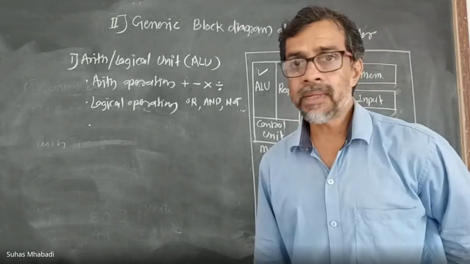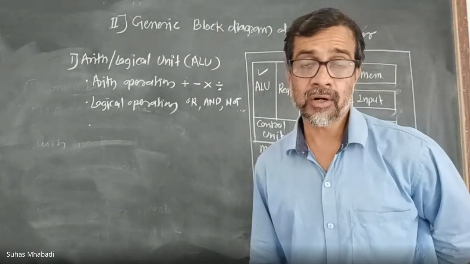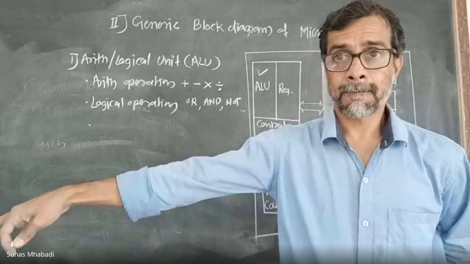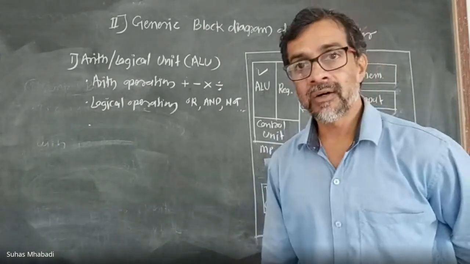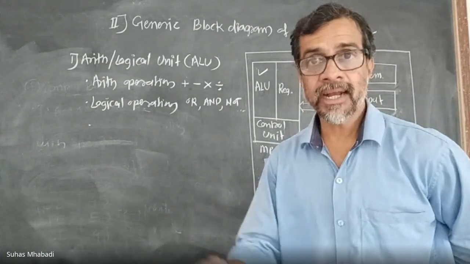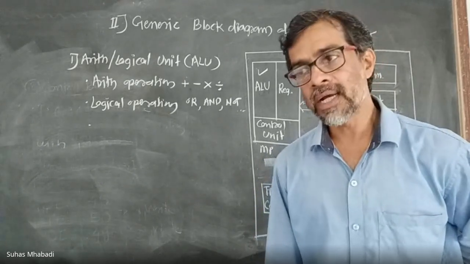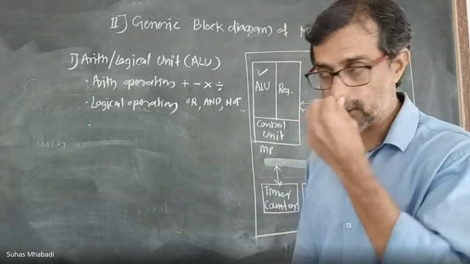The data may be in terms of byte or in terms of word, 16-bit or 8-bit. But the device in our syllabus will carry data which is 8-bit: 8-bit addition, 8-bit multiplication, 8-bit division, and so on. So this is called an 8-bit processor or controller. This is an 8-bit controller.